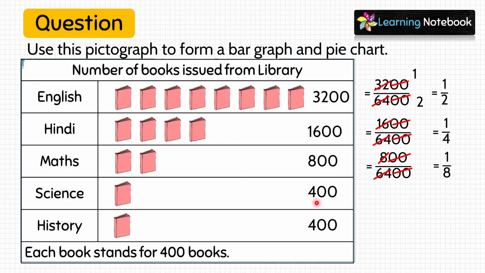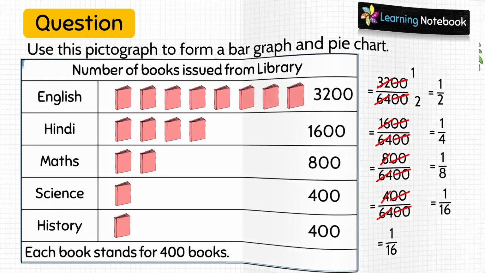Now, we will find the fraction for science books, which is 400 upon 6400. On simplifying it, we get the fraction as 1/16. In the same way, fraction for history books is 1/16. So now students, we know fraction of each type of books.